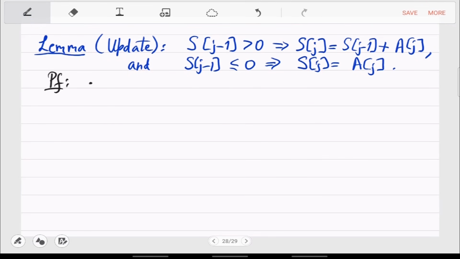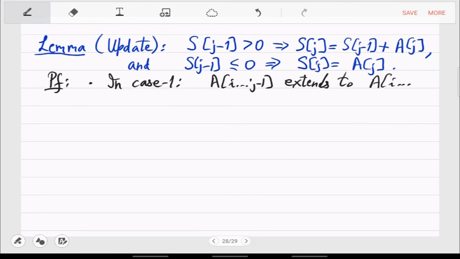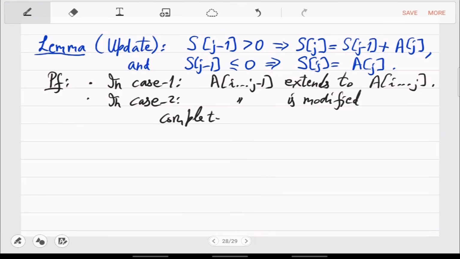Let's give the main point here. In the first case, A i to j minus 1 extends to A i to j, and in case 2, A i to j minus 1 is modified to just Aj.